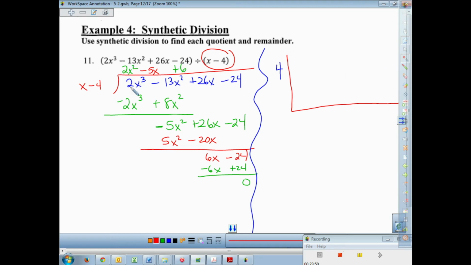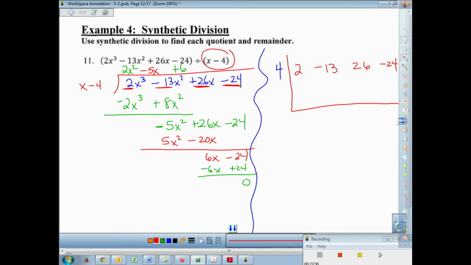It's all of the coefficients of this polynomial that we're dividing. All the variables are just going to disappear, and we're going to deal with only the coefficients. Y'all see those coefficients, right? I didn't need to put any pluses in between them or anything like that. The only thing you have to worry about is if they were negative or not.